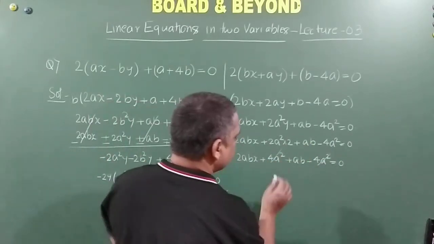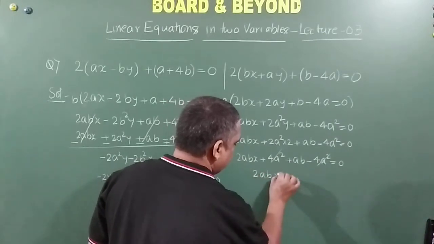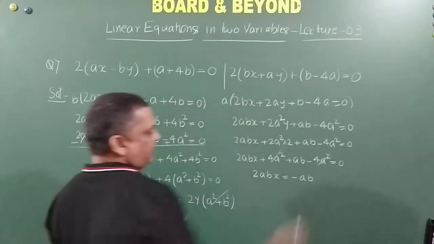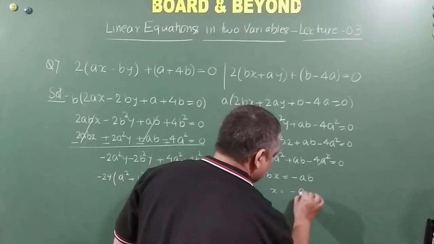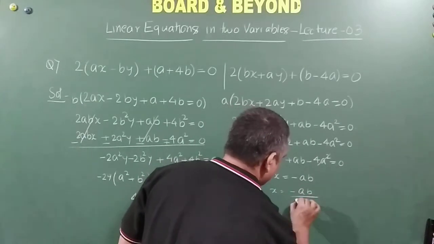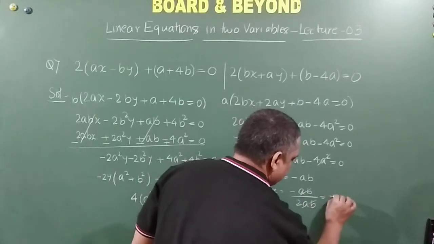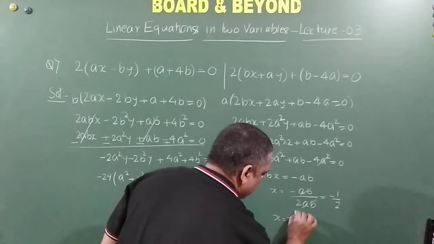So remaining, I can write 2abx is equal to minus ab, taking it on the other side. So x will be nothing but minus ab divided by 2ab. So this and this get cancelled, and I get minus half. So x is equal to minus 1 by 2.